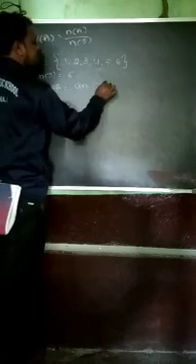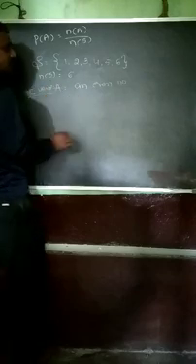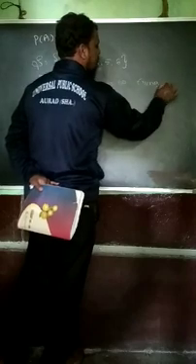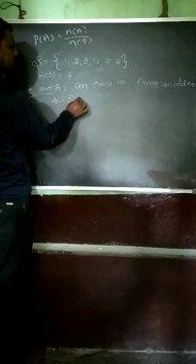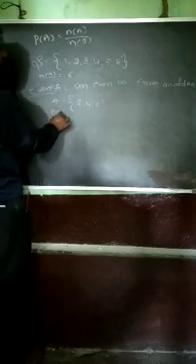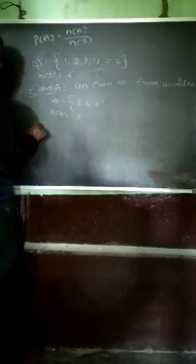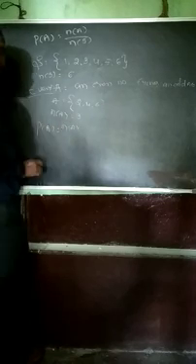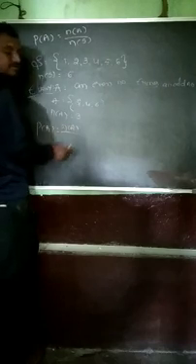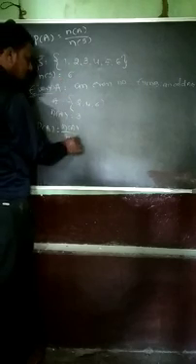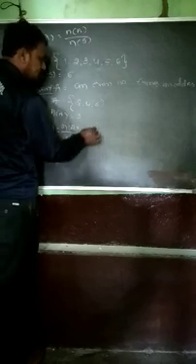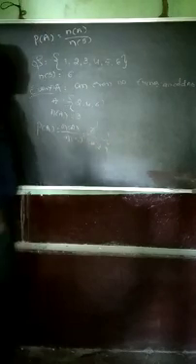What is given for event A? An even number. And event B is given as an odd number. See, event A is an even number, so write the sample space of even numbers: 2, 4, 6, right? So n of A is equal to 3 outcomes, right? So the probability of an event A is equal to n of A, the sample points in event A, divided by the sample points in the sample space. How many are in the sample space? n of S is equal to 6. So n of A is equal to 3 and n of S is equal to 6. 3 ones are 3, 3 twos are 6, so 1 by 2 is the probability of event A.